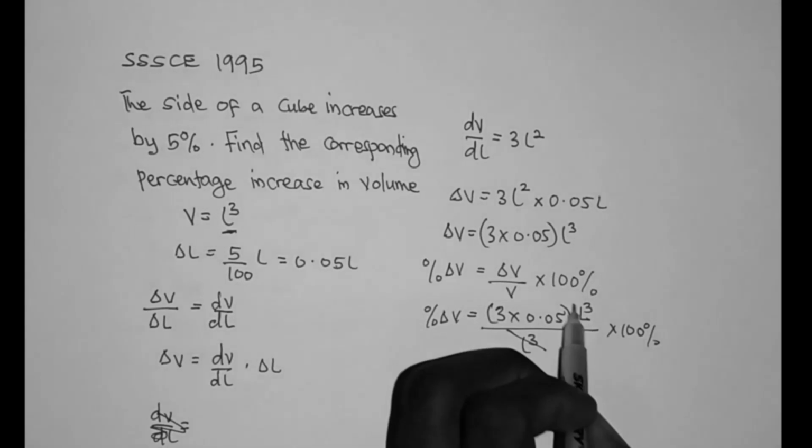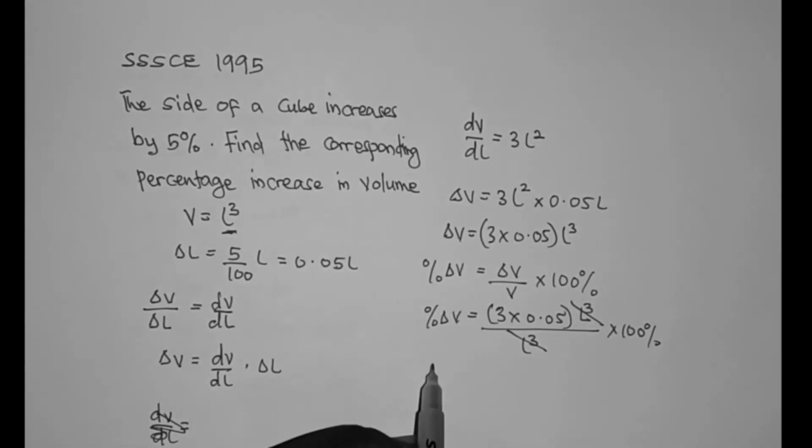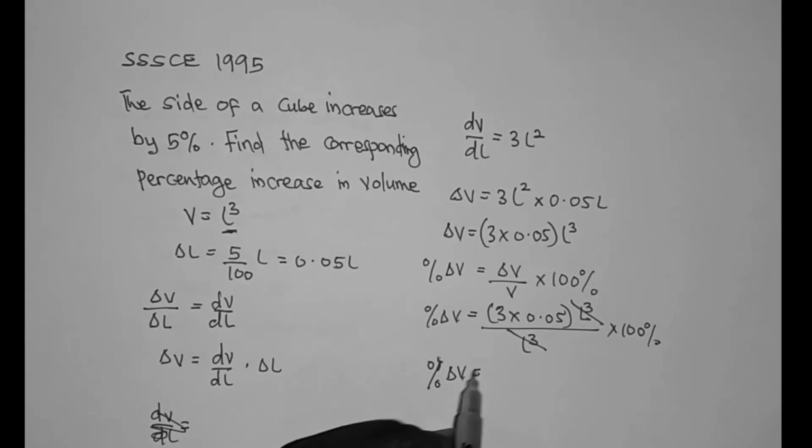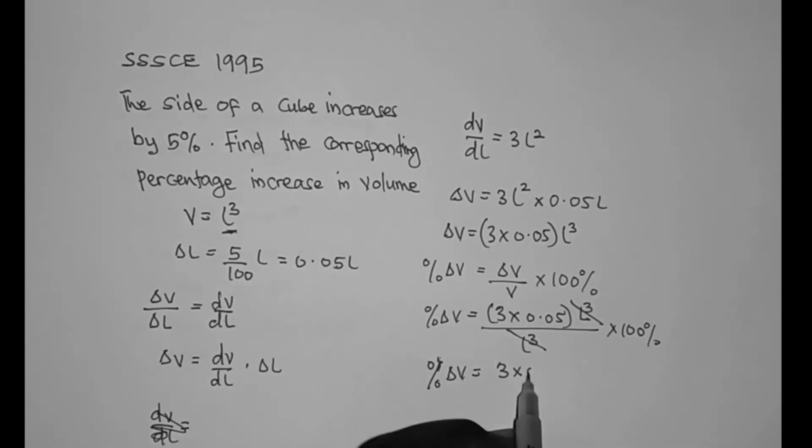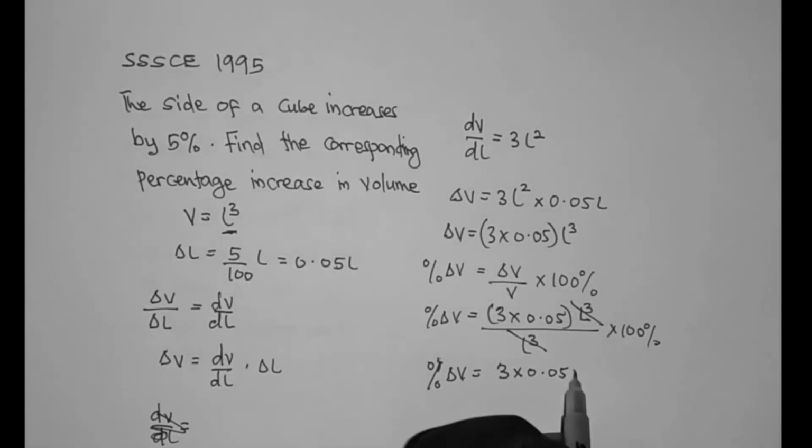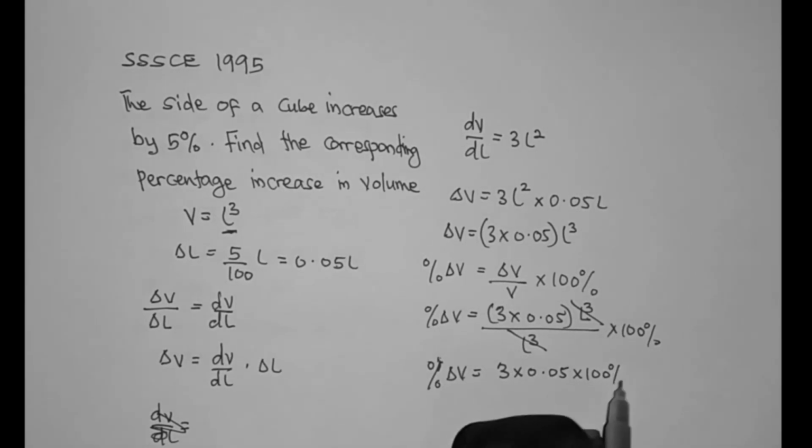So this L cubed and L cubed can cancel. So at the end of the day, the percentage increase in volume equals 3 times 0.05 times 100%.